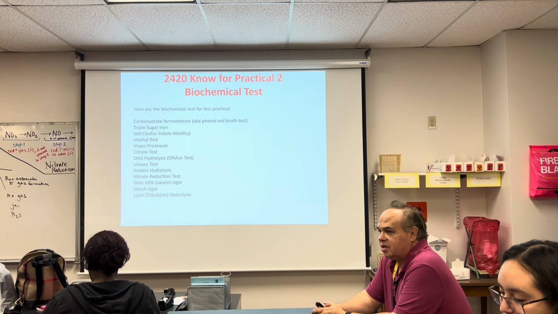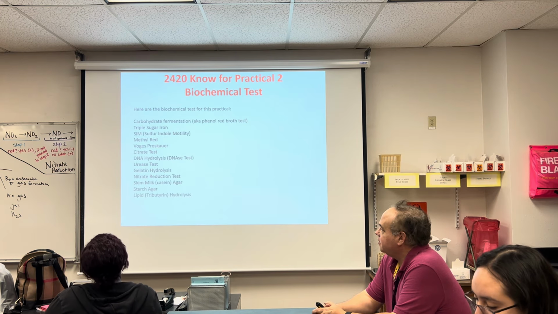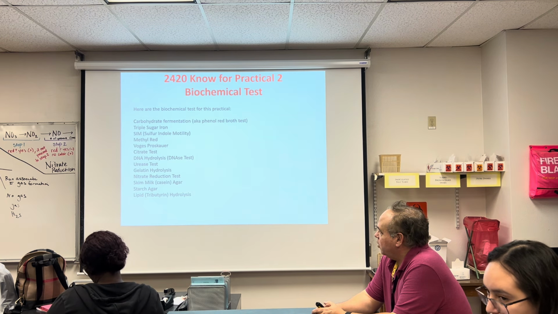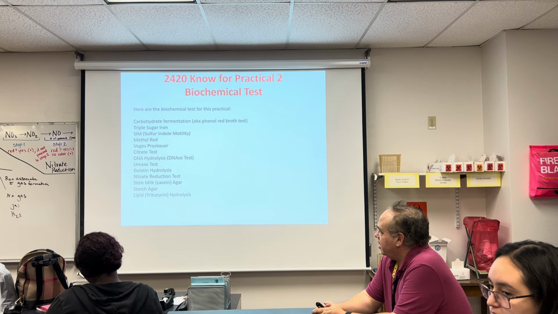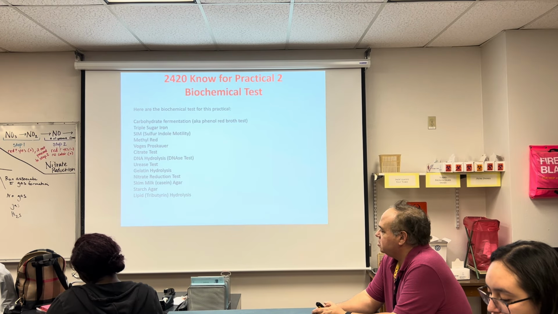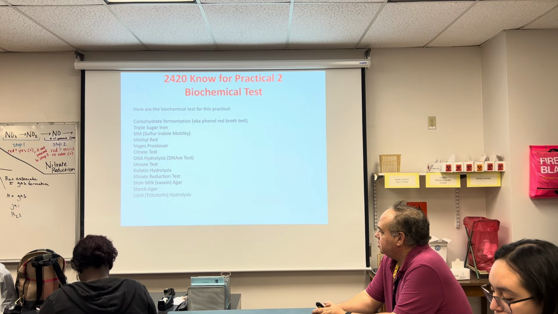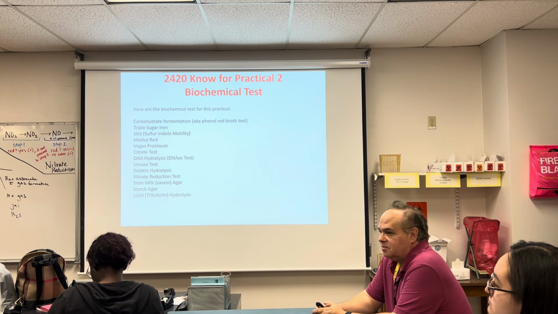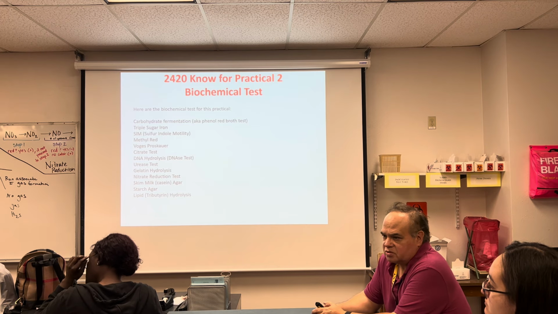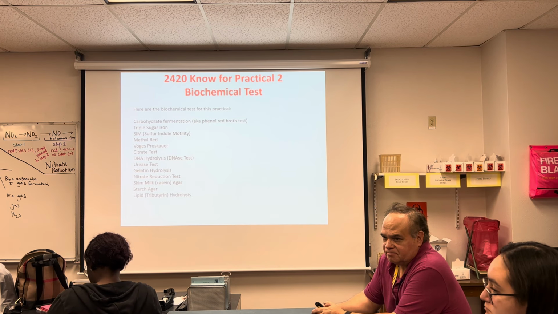Carbohydrate fermentation test, also known as a phenol red broth, triple sugar iron, SIM, sulfur motility, methyl red, Voges-Proskauer, citrate, DNA hydrolysis, urease, gelatinase or gelatin hydrolysis, nitrate reduction, skim milk agar or casein hydrolysis, starch agar, and lipid hydrolysis or tributyrin hydrolysis. Okay, they're all the same.